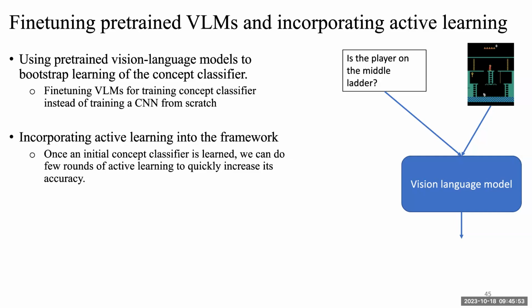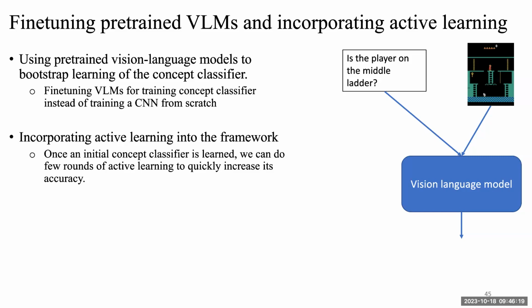The second thing we want to do is incorporate active learning into our framework, which has a very similar objective of trying to learn classifiers with little feedback from the user. The reason why we did not use active learning initially was because these have been shown to fail in environments where there is an imbalance in the data set.